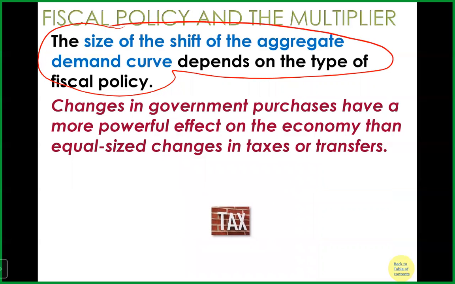And from the previous slides, from the exercise, we can see changes in government purchases have a more powerful effect on the economy than an equal-size change in tax or transfer. Again, just keep in mind, here we assume the government is responsible, smart, and reliable. If those are not satisfied, then this statement doesn't hold, right?